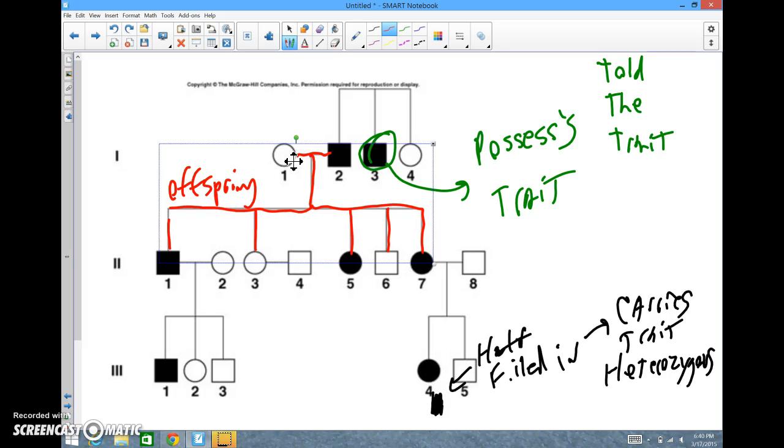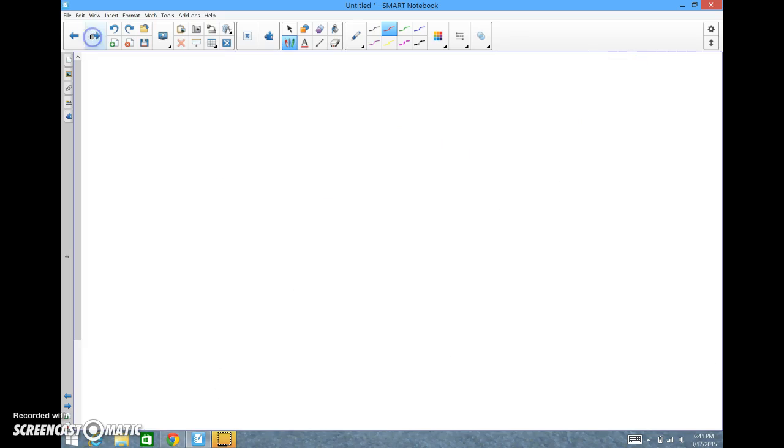All right, so we have male is square, female is circle. If you are colored in, it means that you have the trait. If you are half filled in, like we had down here with 5, that means that you carry the trait. This line that we've shaded in red right here means that you are offspring.